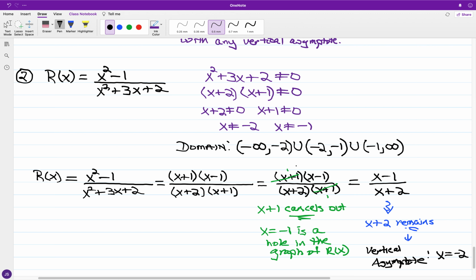Now had there been no cancellations, I would have had two vertical asymptotes with x equals negative 2 and x equals negative 1.